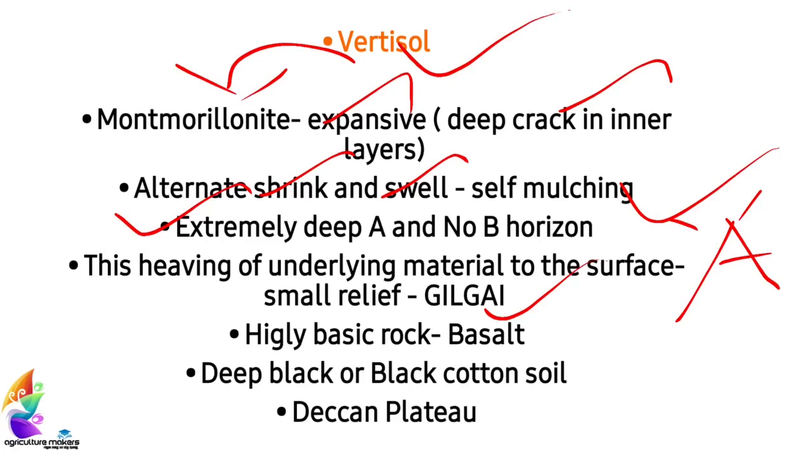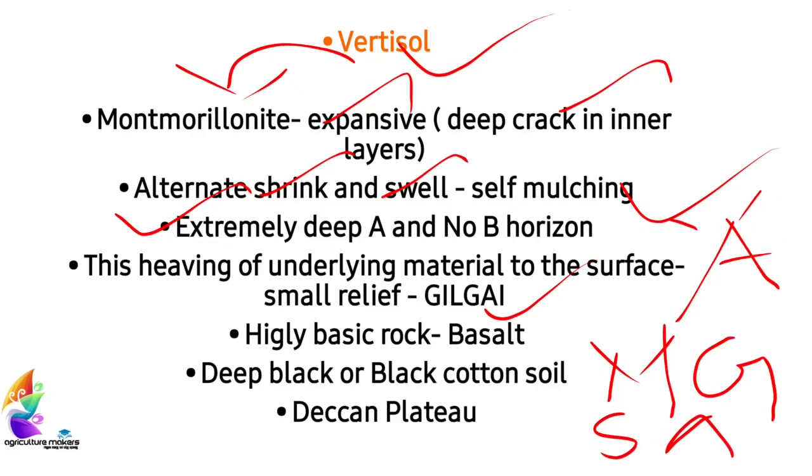Remember, the important components of this vertisol are montmorillonite, gilgai, and self-mulching, and only A horizon. It is formed from the highly basic rock named basalt, and this basalt rich soil is known as deep black or black cotton soil, and it is predominant in the Deccan Plateau of India.